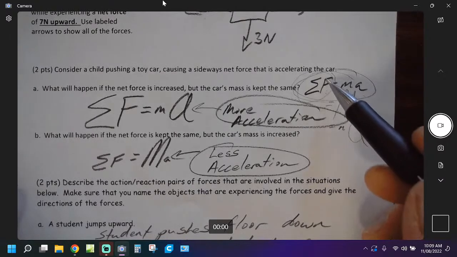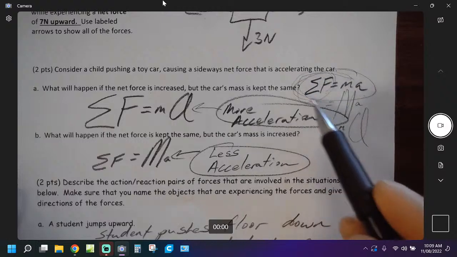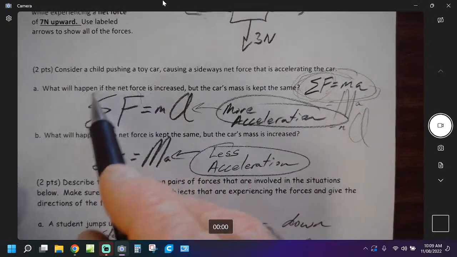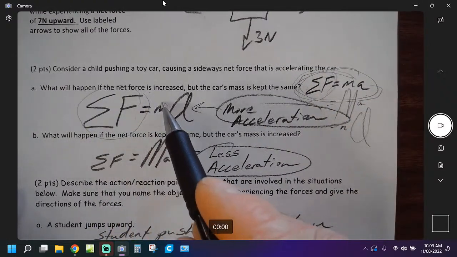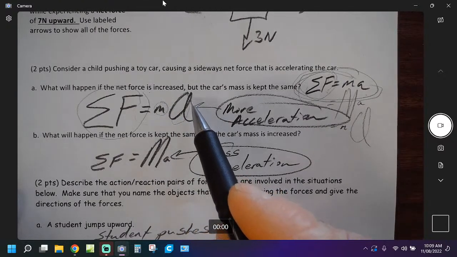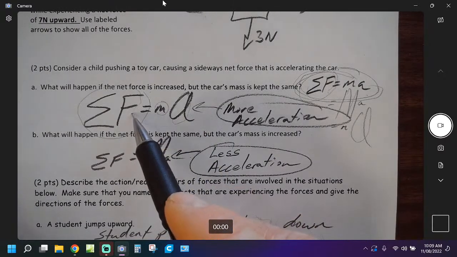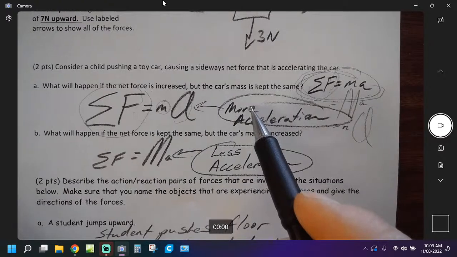But then you can also start tinkering with the force itself. In the first one, if you increase the net force but keep a little mass, you're going to get a big acceleration. That should make sense to most people. If you have the same mass car, but you push it harder, it's going to accelerate more.